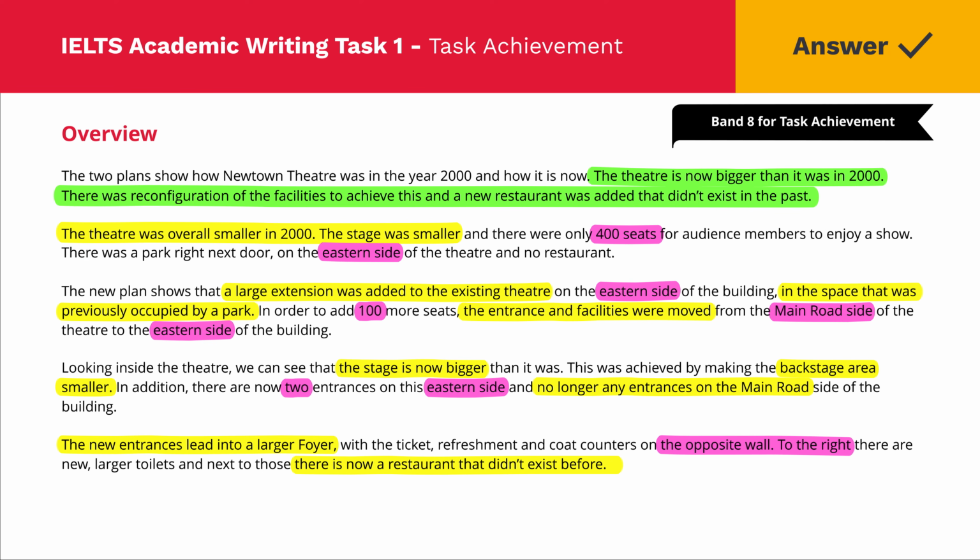As we've seen in this video, for Academic Writing Task 1, you're asked to write a description of information that's given to you in the form of charts, tables, processes, plans, or maps.